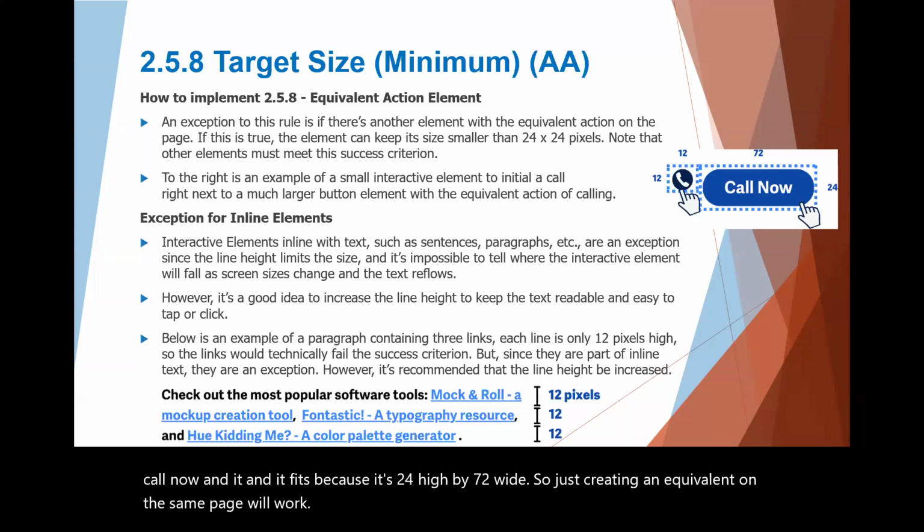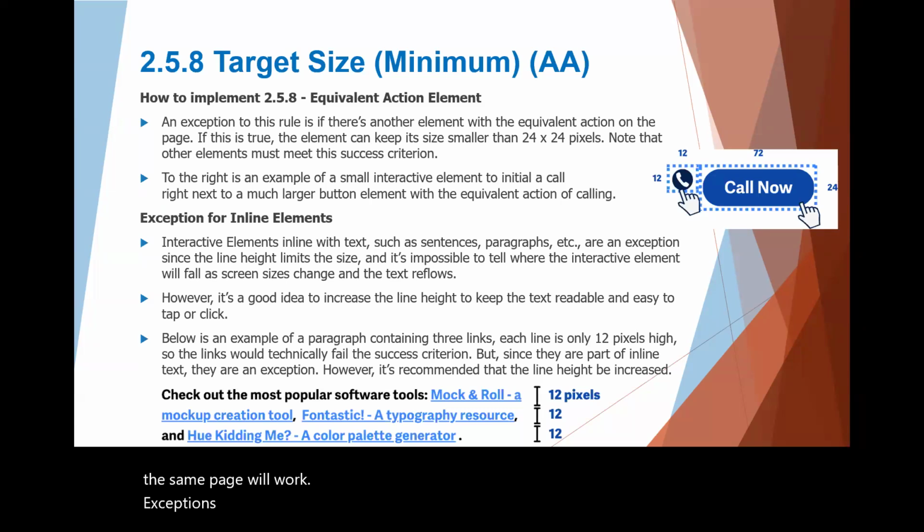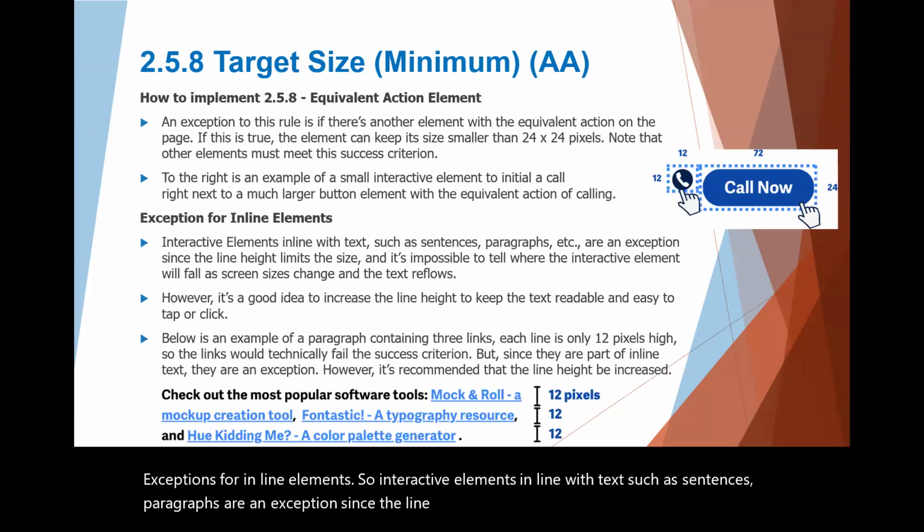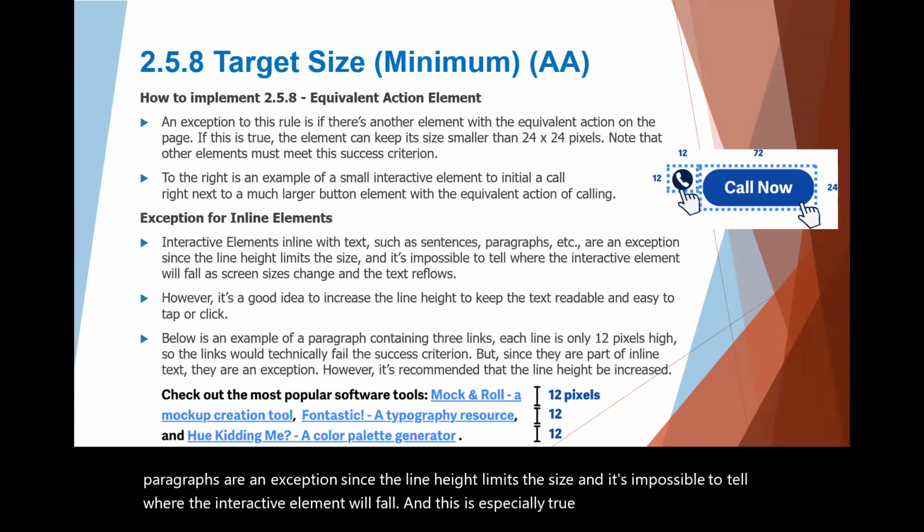Exceptions for inline elements. Interactive elements in line with text, such as sentences and paragraphs, are an exception, since the line height limits the size and it's impossible to tell where the interactive element will fall. This is especially true as screen sizes change from desktop to tablet to mobile.